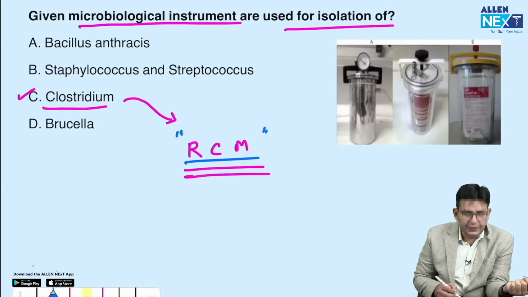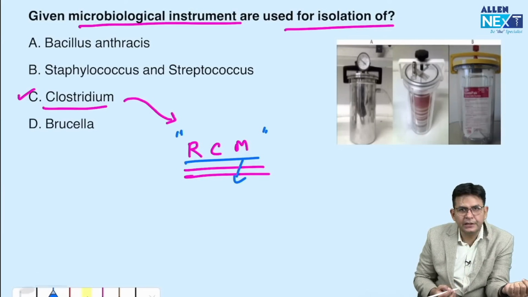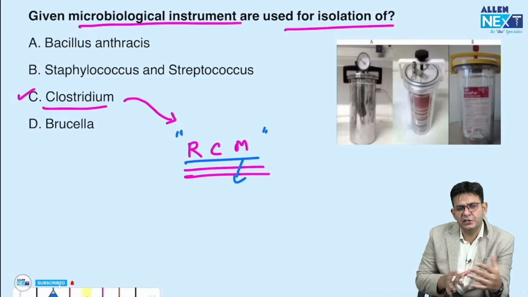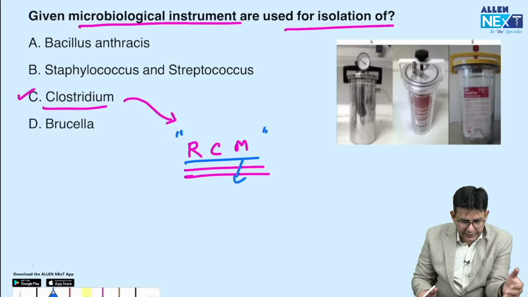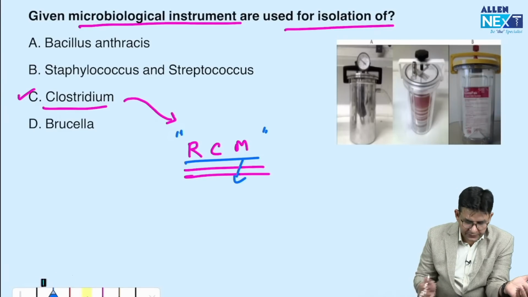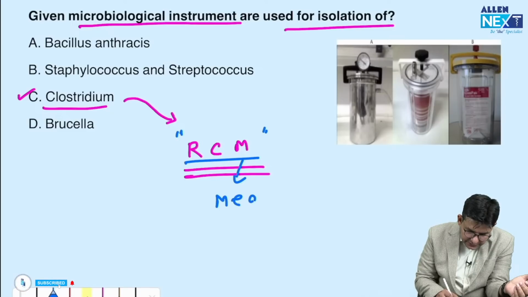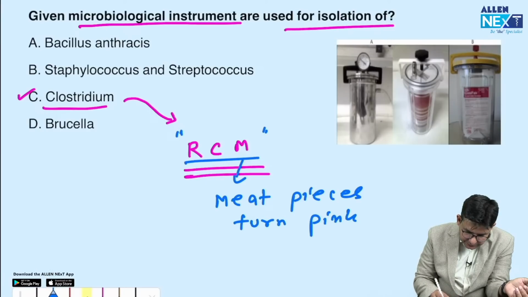There was a question on these meat pieces in the FMGE exam, and this session is equally good for NEET PG also. It is not Loeffler serum, it is RCM, Robertson cooked meat media. If these meat pieces turn pink, that is termed as saccharolytic.